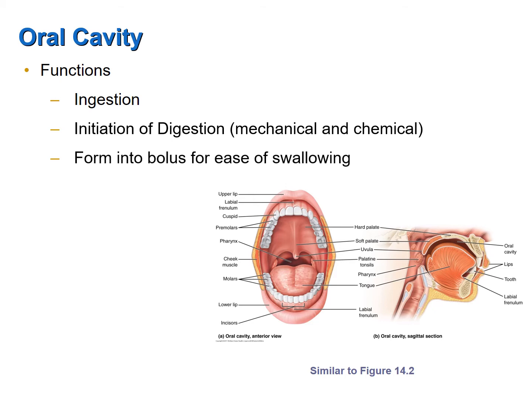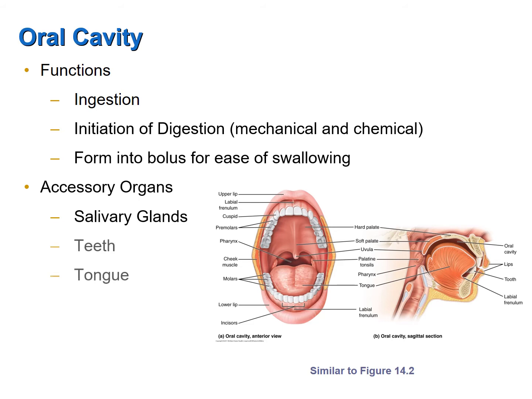Overall, the function of the oral cavity is to form the food into a round, moist bolus that can then be easily swallowed. The accessory organs of the oral cavity which are involved in these functions include the salivary glands, which produce saliva, and the teeth and the tongue, which help manipulate food and to mechanically digest it.